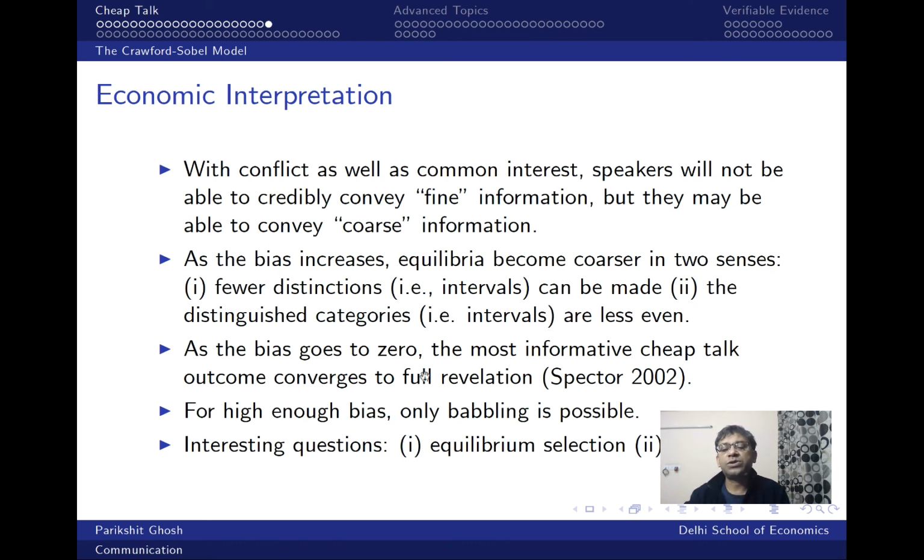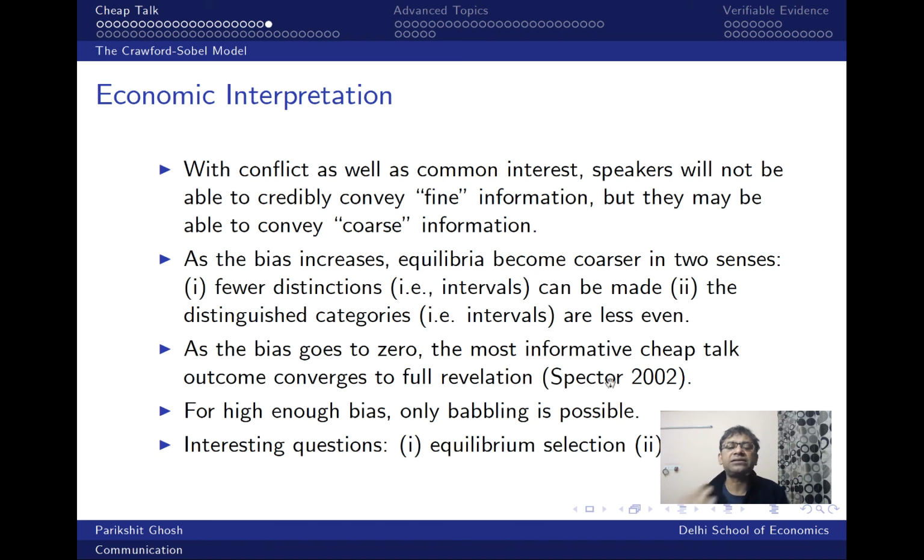As the bias goes to zero, the most informative cheap talk outcome converges to full revelation. So essentially, if you look at the most informative equilibrium and take bias towards zero, the limiting partition is basically revealing the entire line. Only in the limit.